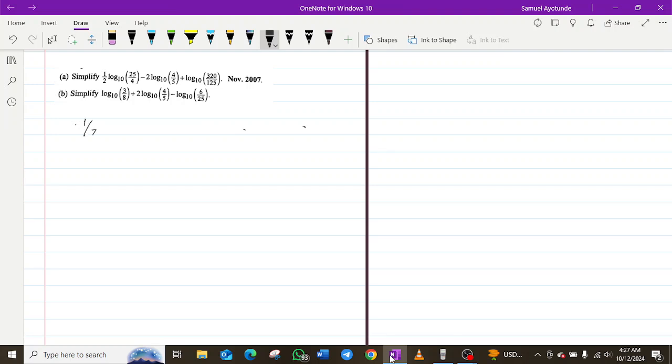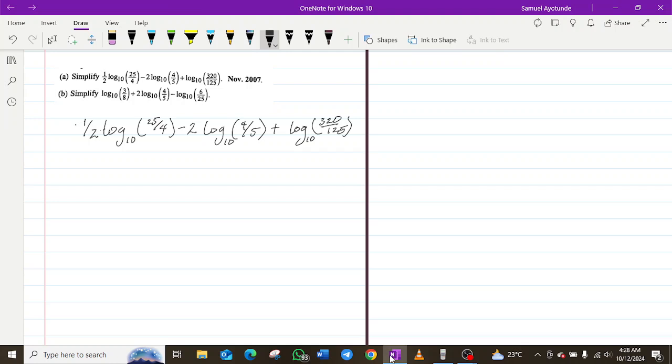We have 1 over 2 log base 10 in brackets 25 over 4 minus 2 log base 10 in brackets 4 over 5 plus log 320 over 125 base 10.